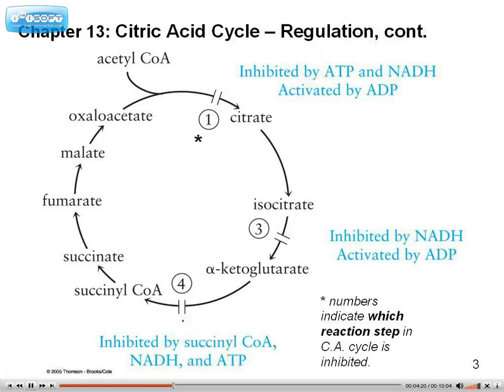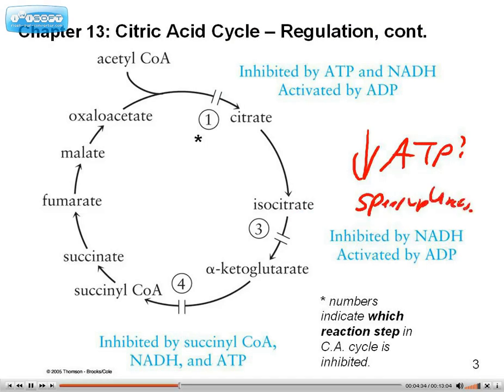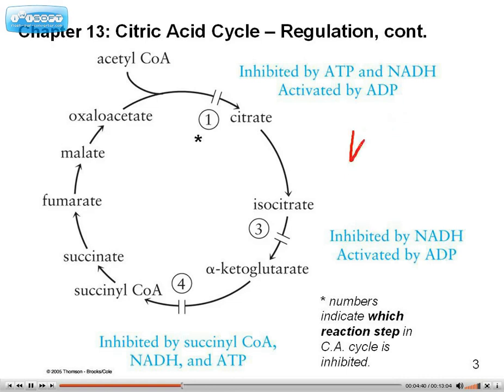On the other hand, what happens if we have very low amounts of ATP? Well, we need to speed up the Krebs cycle so that it can indirectly produce more ATP. So if we have low ATP, that means we should have high amounts of ADP.